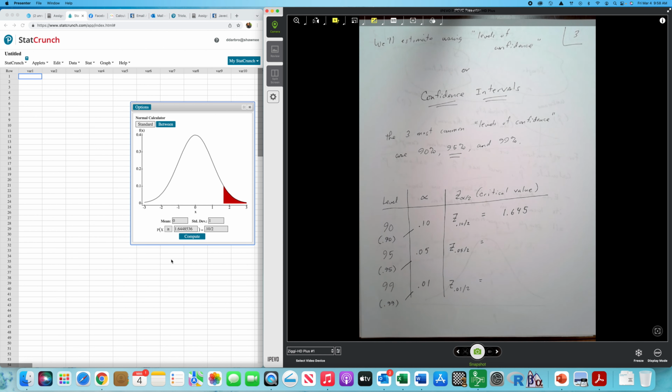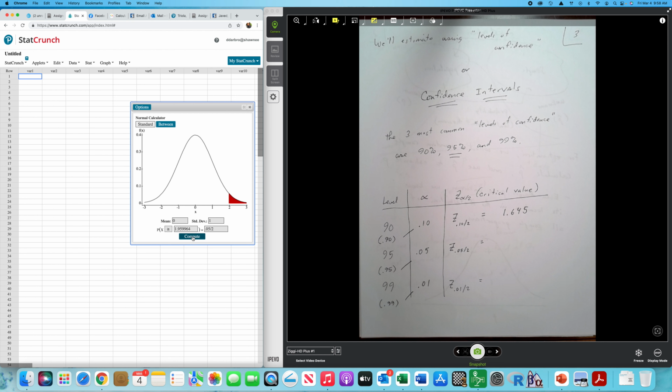All right, let's calculate the z critical for a 95%. So 95 goes to 0.95. What number adds to 0.95 to make 1? A 0.05. So we want the z for the 0.05 divided by 2. Find it.